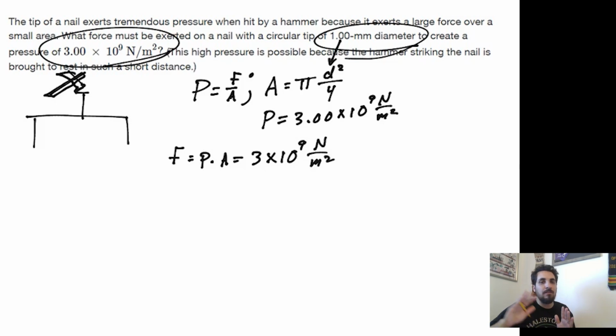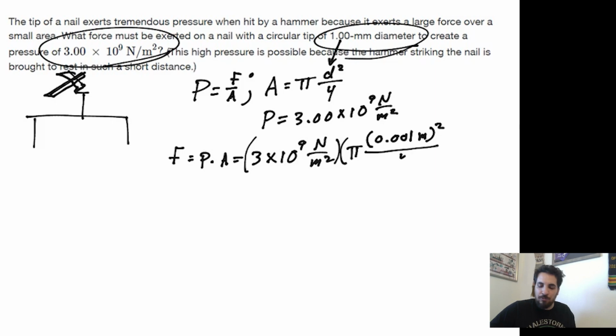There's an extra 0.00. It's not going to affect the calculation part, so I'm going to exclude it from the calculation. I'm writing it down just to save a little bit of space. But do know that that 0.00 does give us more significance into those digits. So we multiply our pressure term by our area term, which is pi times our diameter, 0.001 meters.